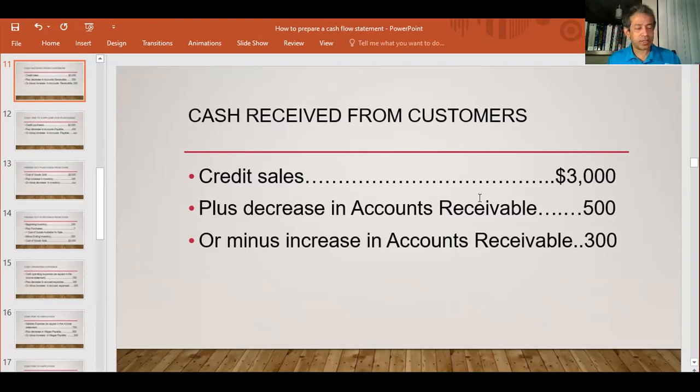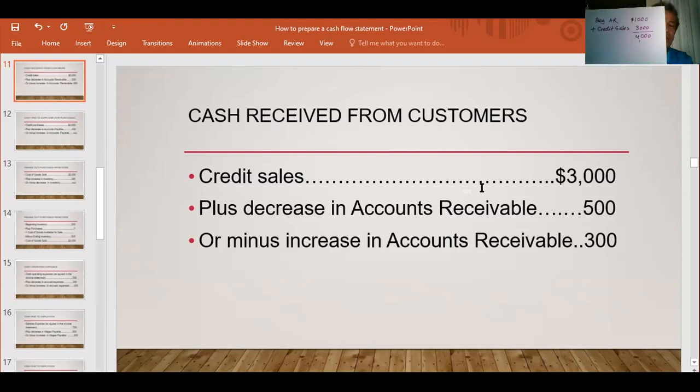If not, then let me show you something here. Let's say your beginning accounts receivable was $1,000, plus credit sales was $3,000. So the total due is $4,000.